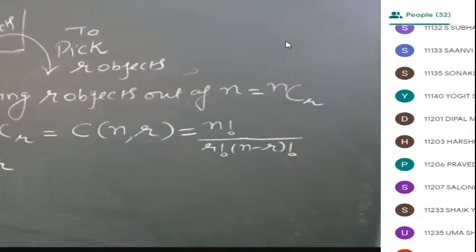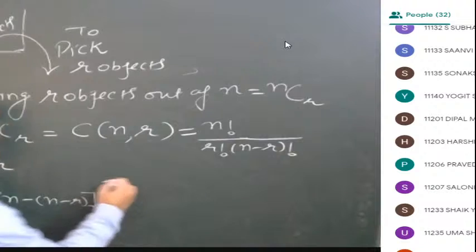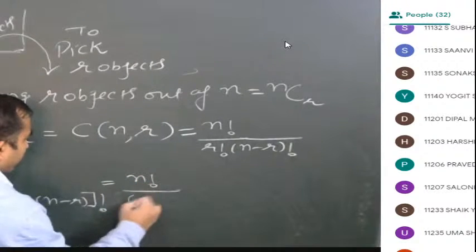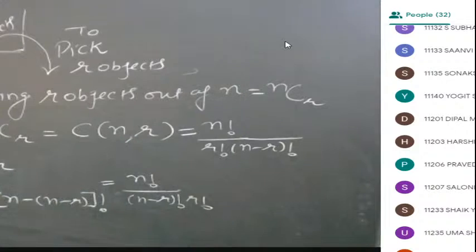Can be put very easily, because NC n minus r, if you calculate by this formula, it will come n factorial divided by n minus r factorial into n minus r factorial, and n cancelled, and this will be n factorial upon n minus r whole factorial into r factorial. This is same as NCR, right. So, it can be proved easily that NC n minus r is same as NCR, right.